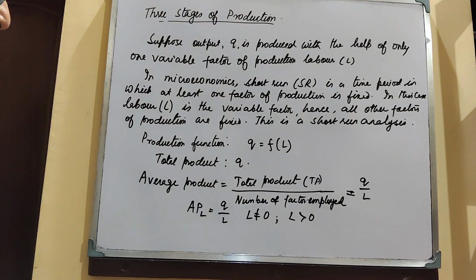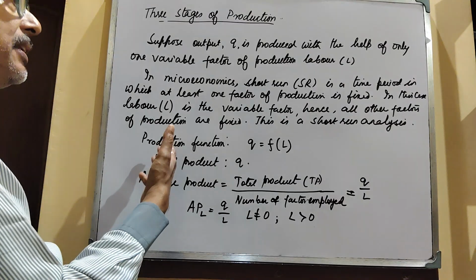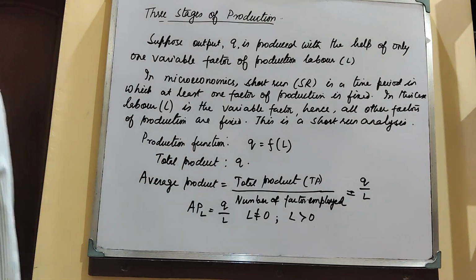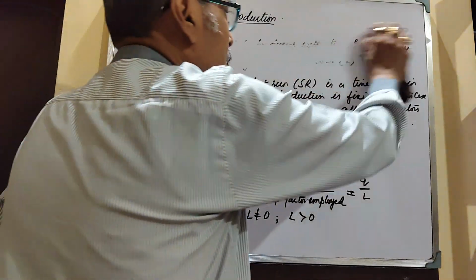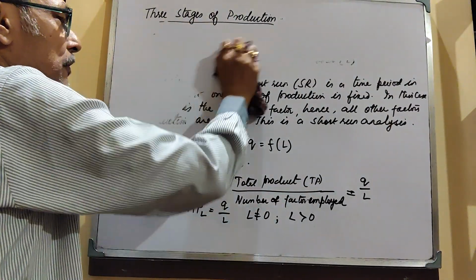Now we can define another product which is called the marginal product of labor. What is marginal product of labor? It is the contribution of the last unit of labor.